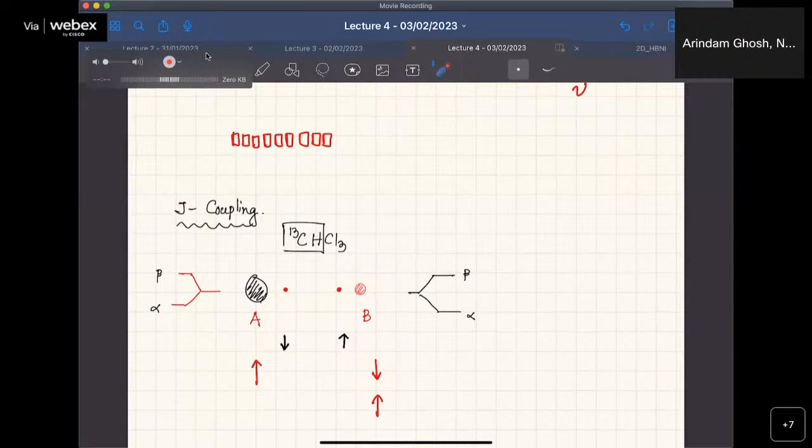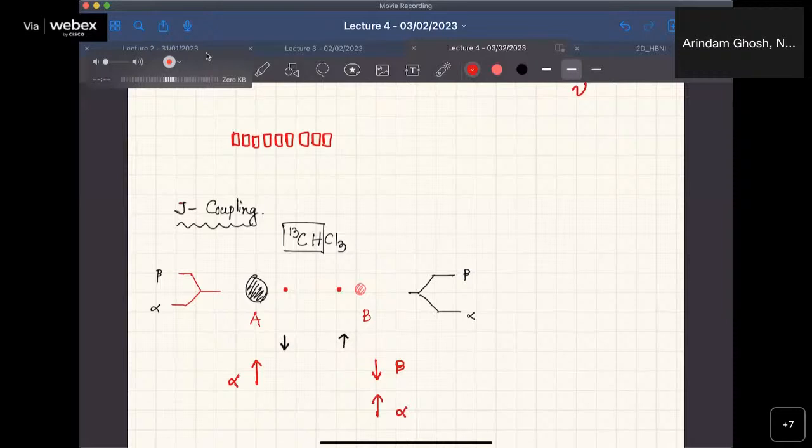So therefore you have a two spin situation, as if there is a coupling pattern going on, that is this coupling is mediated through these electrons in the bond, such that their relative alpha beta situation is going to give us different energy. So if you have alpha here and beta here, that is going to be different than alpha and alpha, something like this, right? So this is going to be a slightly different situation.